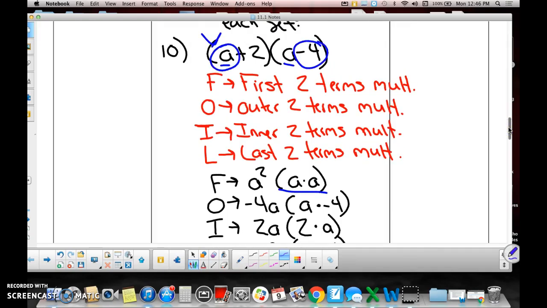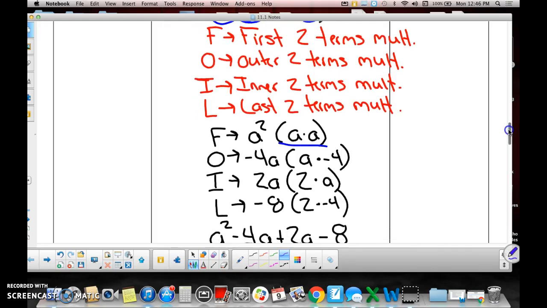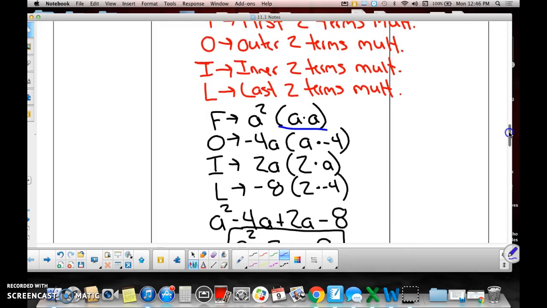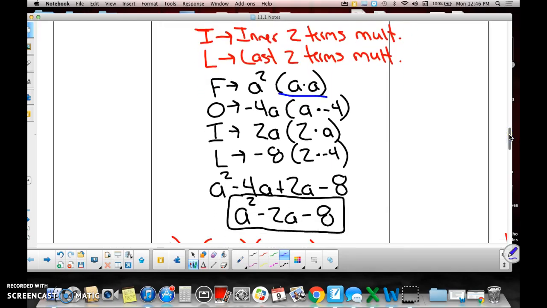The a is on the outside, the negative 4 is on the outside. The inner term would be 2 times a, the inside term and the inside term. And then the last term, 2 and negative 4, shows us that we got negative 8. Put those all together, combine your like terms, which the only 2 like terms you have are negative 4a and 2a, and you got yourself your expression by foiling.